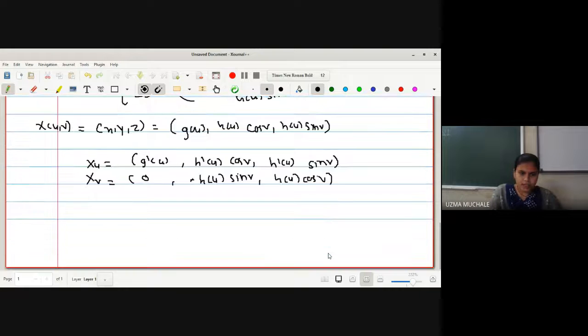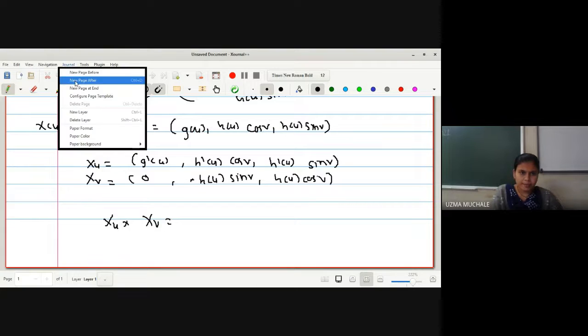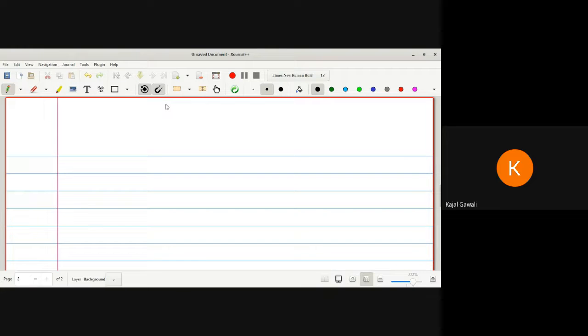Okay, now we have xu and xv both with us. Now you have to find out just xu cross xv is equal to. Yes, what will be the value of xu cross xv? First row is fixed. What is our first row? u1, u2, u3.